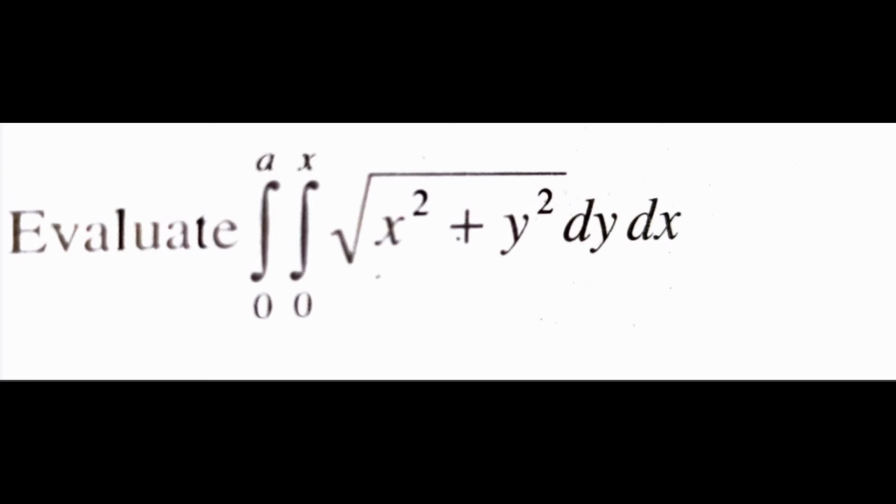Our next question is to evaluate the integral from 0 to a of the integral from 0 to x of root(x² + y²) dy dx. The solution is as follows.